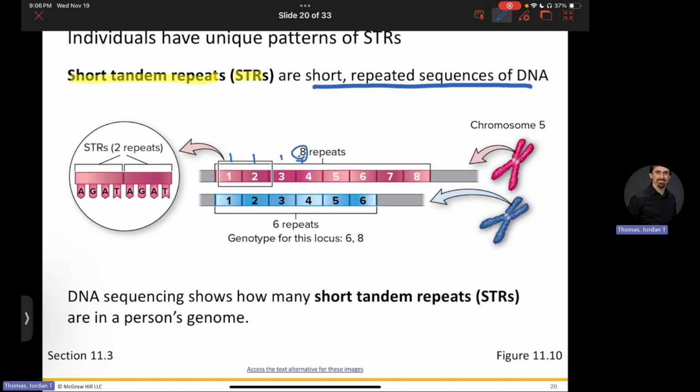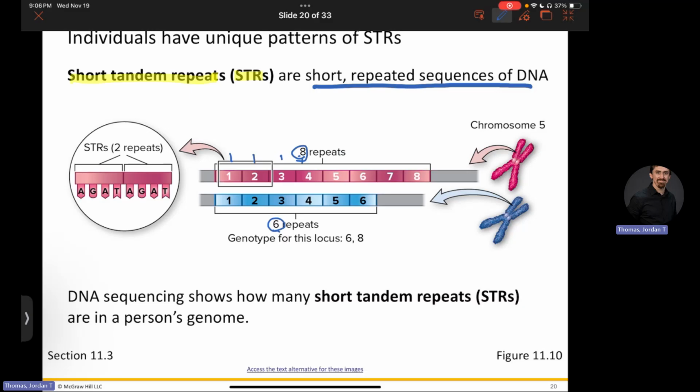This sequence repeats 8 times. But in the bottom one, it only repeats 6 times. So DNA sequencing shows how many short tandem repeats, STRs, are in a person's genome. Everybody may have a slightly different amount of these STRs, such as the top DNA sample has 8 and the bottom one has 6.